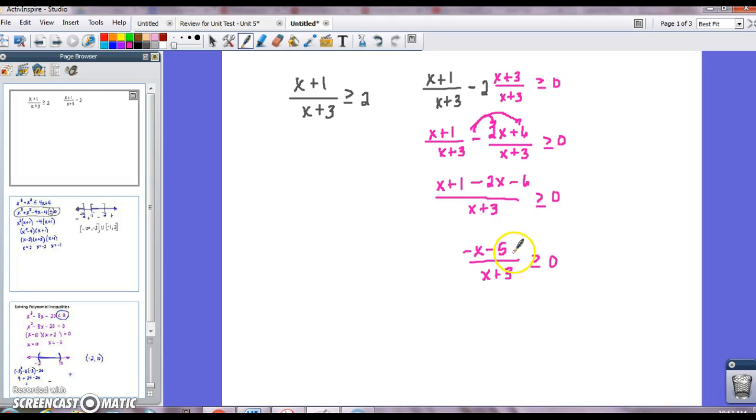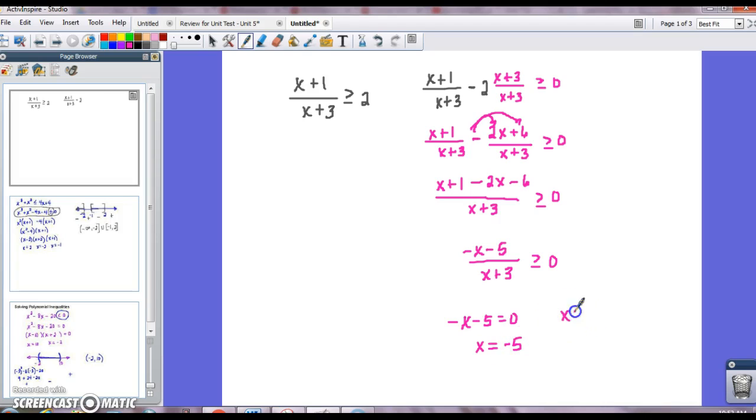Now, to find my boundaries, this is where it's just a little bit different. I'm going to set my numerator and my denominator equal to 0, and those are going to be my boundaries on my number line. So if I start with my numerator, I end up with negative 5 minus x is equal to 0. So I end up with x is equal to negative 5 when I solve that.